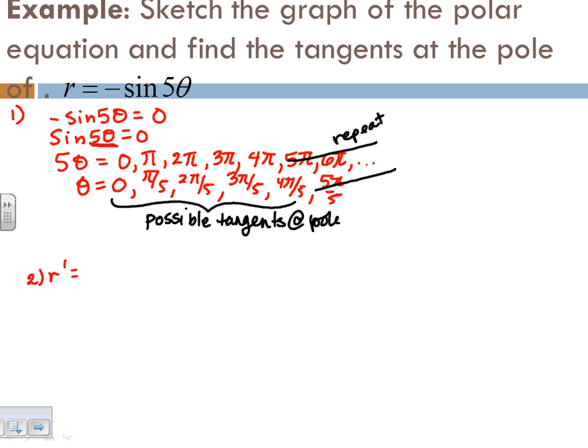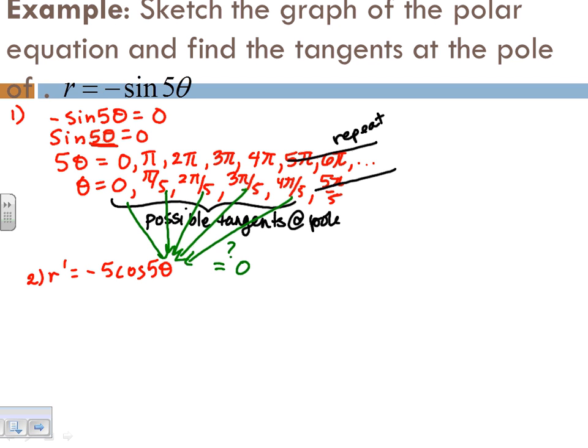Sparky, what's r prime? Good. All right, so now we're going to plug in these values. And I want to know, will they equal 0 when I plug them in? And you can do that in your head. You don't have to show me all that work.